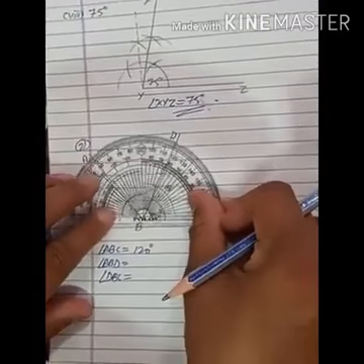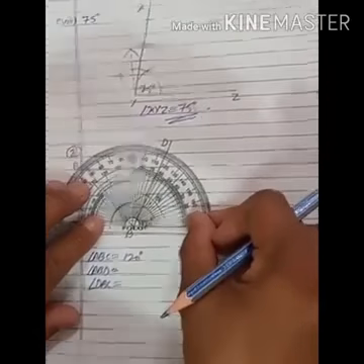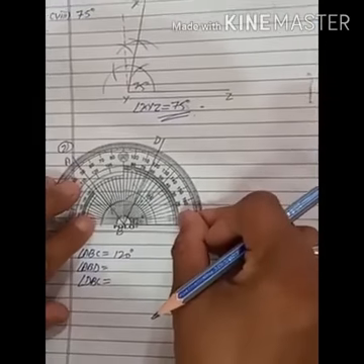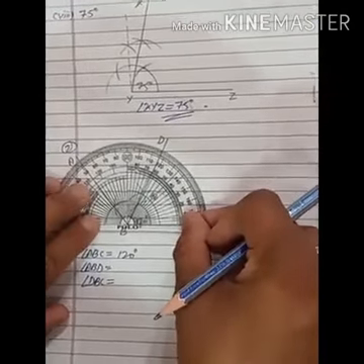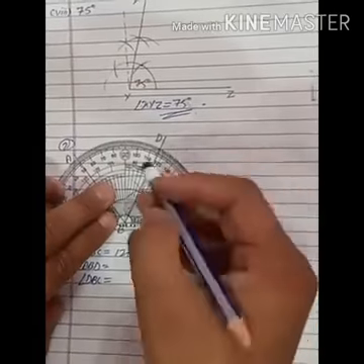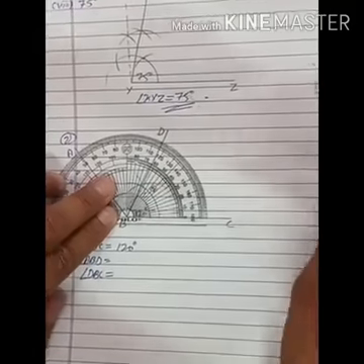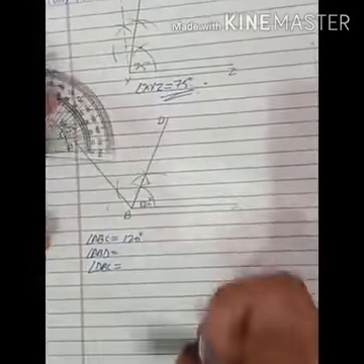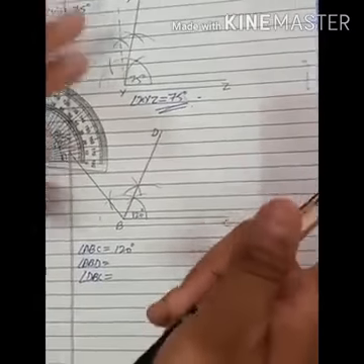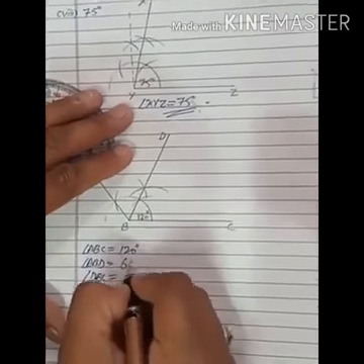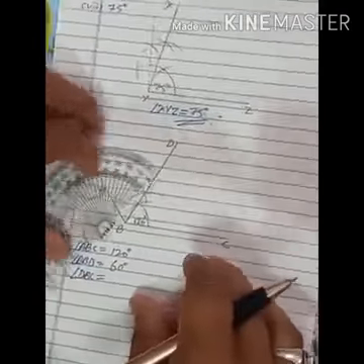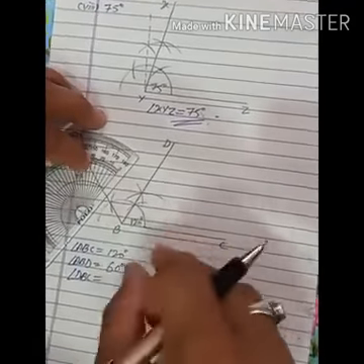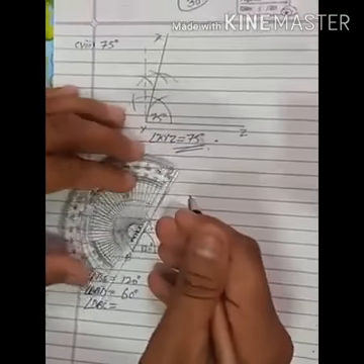So see, I think you know how you have to measure the angles. So we will cover the line. So this angle is coming 60 degree. Just more than 60 degree, but we will consider that 60 degree. Then we will measure this angle also, DBC.